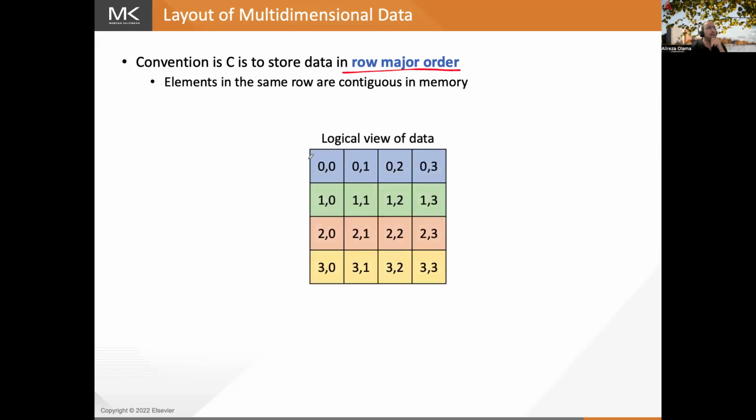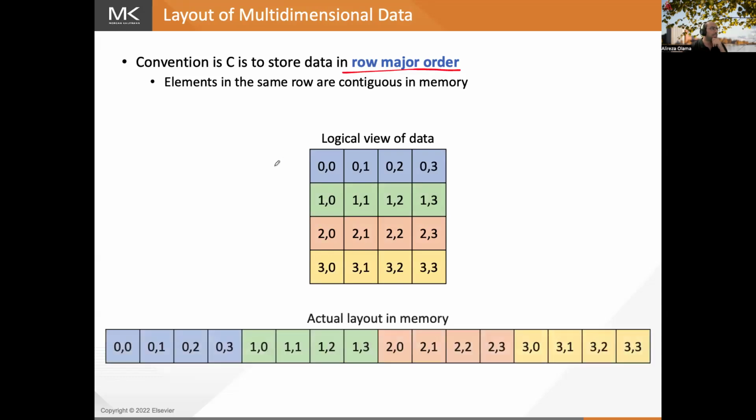It means if you have a two-dimensional array, what C actually does is store it in a linear array. It should be familiar from your first homework assignment. It first stores the first row, and then the second row, the third, and finally the last row. So although your data is two-dimensional, the way we store it in memory is one-dimensional. It is called linearization of two-dimensional or high-dimensional arrays.